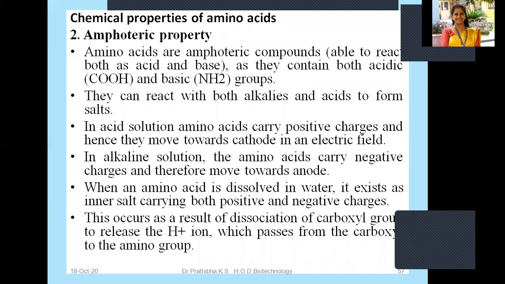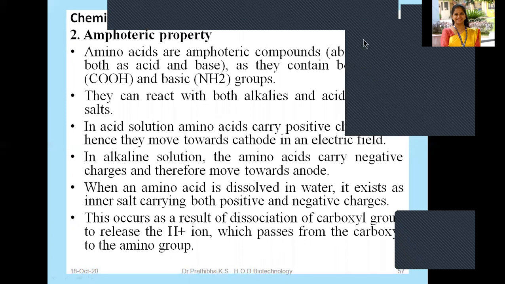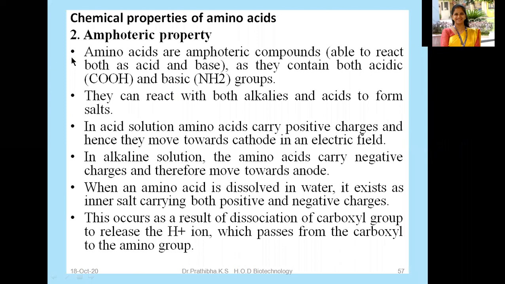Now let us understand the chemical properties of amino acids, starting with the amphoteric property. Amino acids are amphoteric compounds, that is, they are able to react both as acid and base, as they contain both acidic COOH and basic NH2 groups.